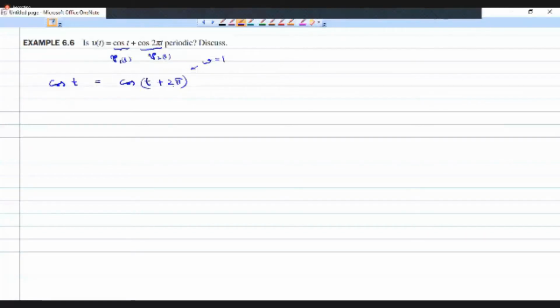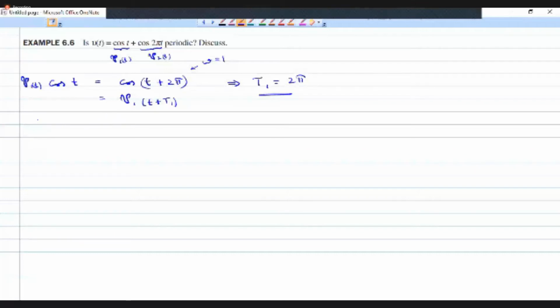So we can write the time period of this first function as t1 is equal to 2 pi. So this is our v1 of t, and this is our v1 of t plus capital T1. When we compare this, we can write the time period of the first signal t1 is equal to 2 pi.